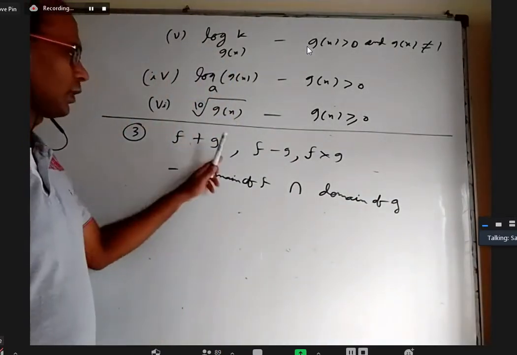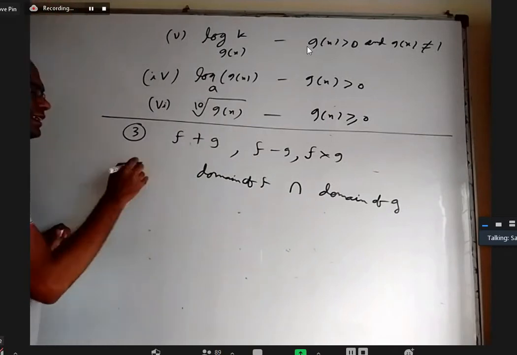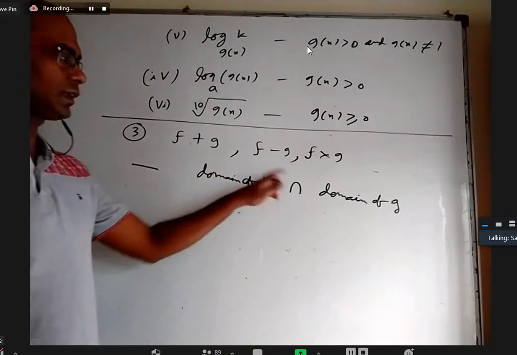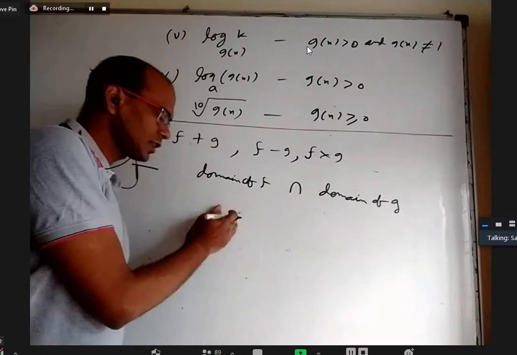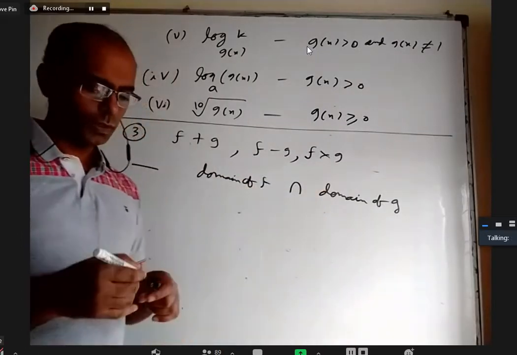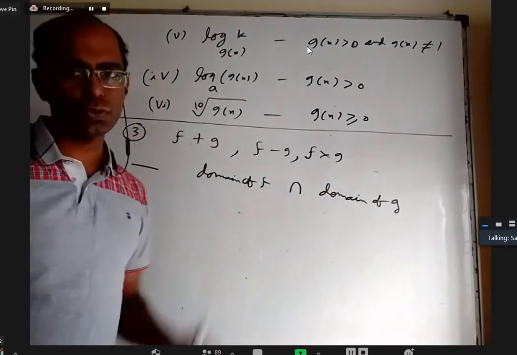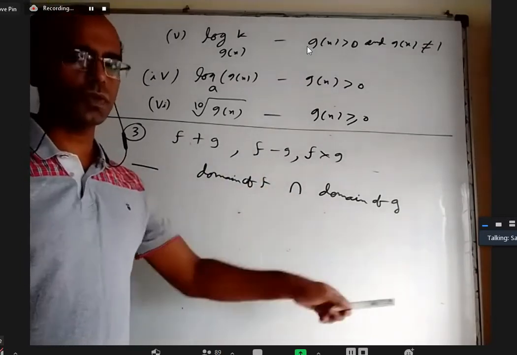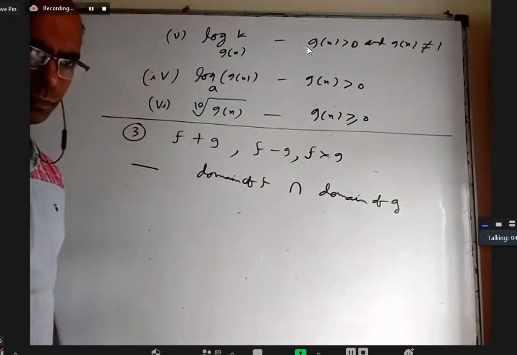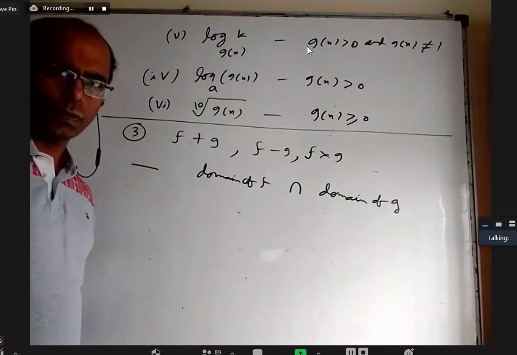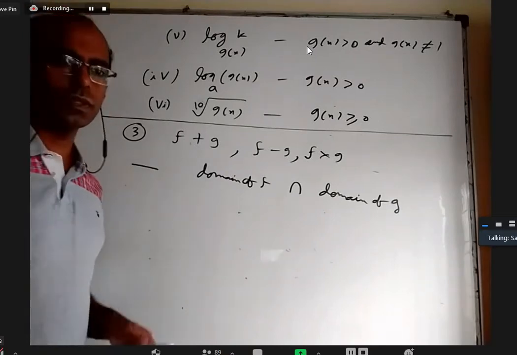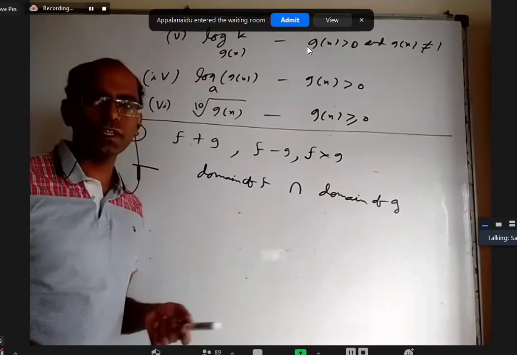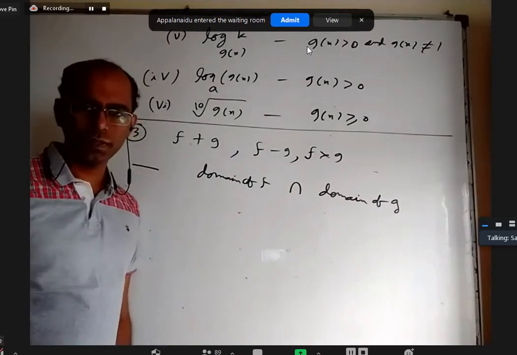You have to find the domain of f and the domain of g and take their intersection, the common elements. This symbol tells you which elements are in this and in this together. If something is there only in this, not in that, you should not take it. That is called intersection. Sir, domain means? Domain means, as I told in the first statement, the complete set of all values of x for which the function or that expression is defined.